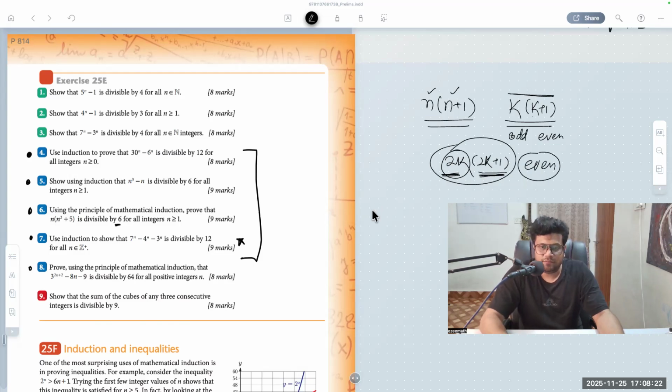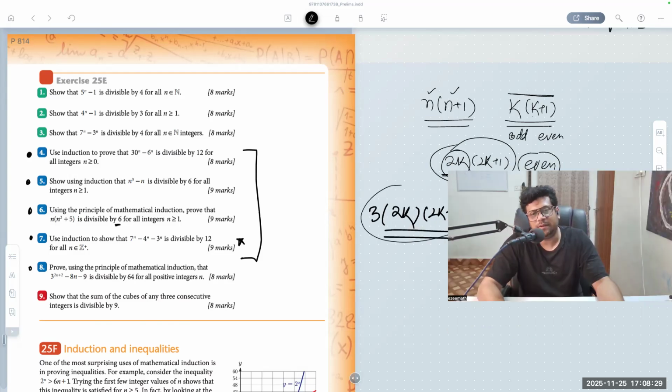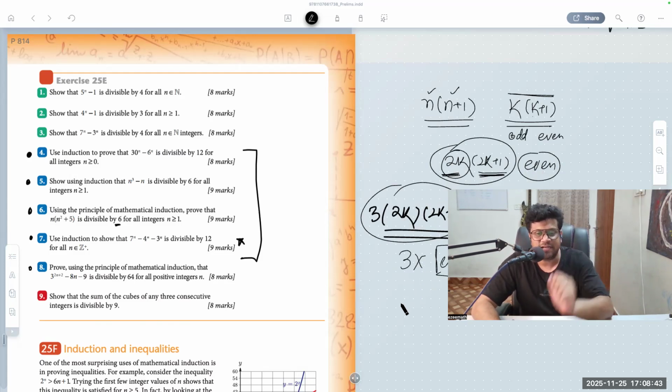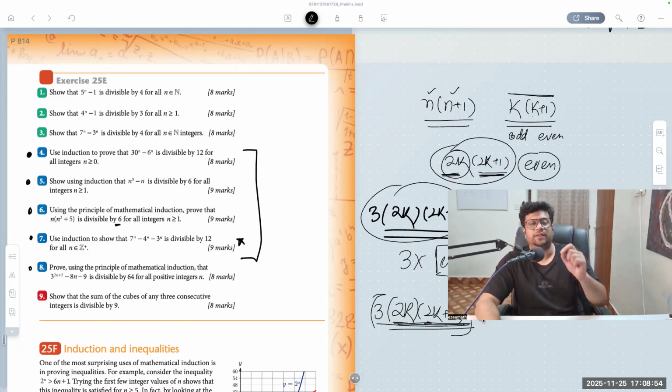And 3 multiplied by that pair, 2k and 2k plus 1, will always be divisible by 6. 3 multiplied by any even number is always a multiple of 6. That's one thing you want to remember when it comes to divisibility by 6: 2k into 2k plus 1 is always even, and 3 multiplied by this pair is always going to be divisible by 6.